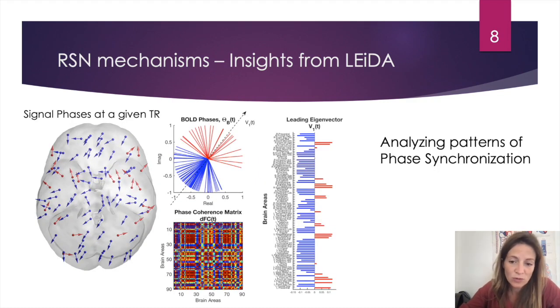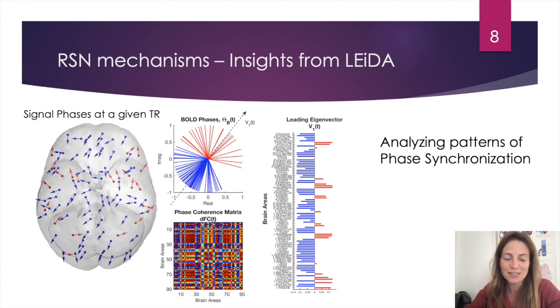So one way to characterize the non-trivial organization of phase synchronization across brain areas is to compute this leading eigenvector of the fMRI signal phases. To give an intuition of this rather abstract concept, we can imagine that the leading eigenvector is as if we would draw an arrow that crosses the brain and captures the main orientation of signal phases in the brain.